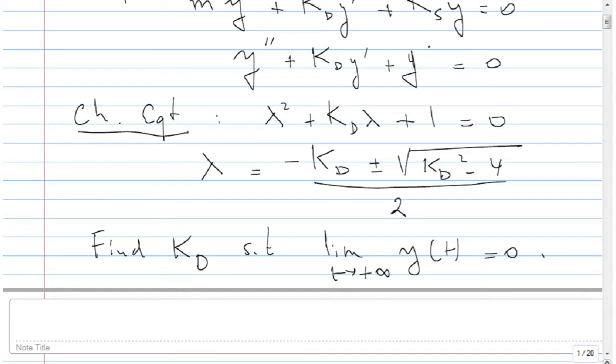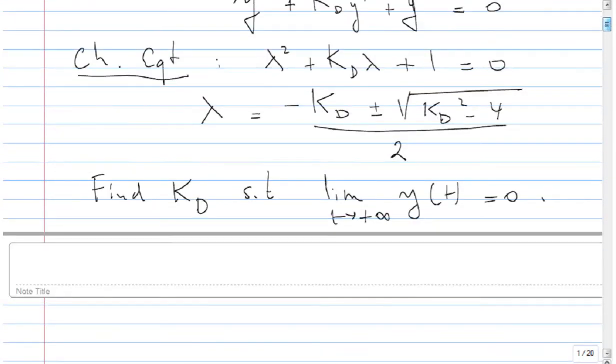Okay, so we have three cases, and we'll go case by case. Case number 1, if we have two real roots, so in this case the discriminant kd squared minus 4 is positive, two real lambdas.